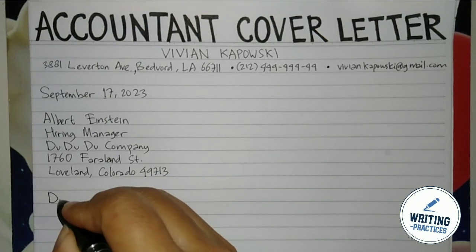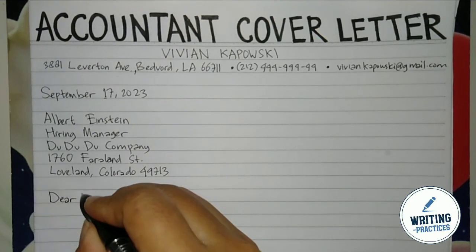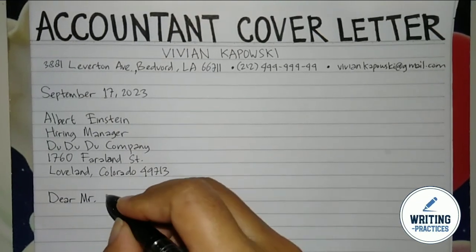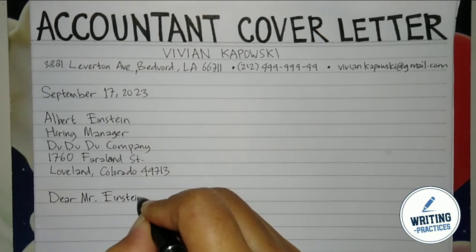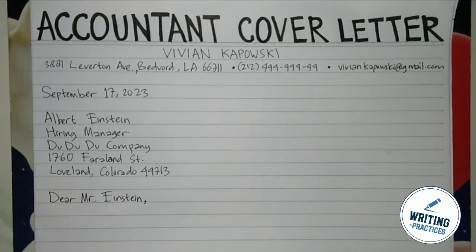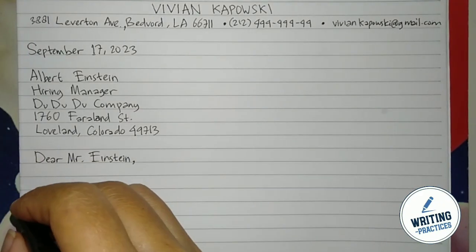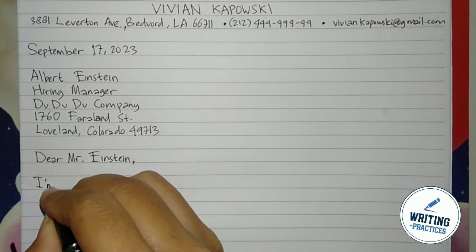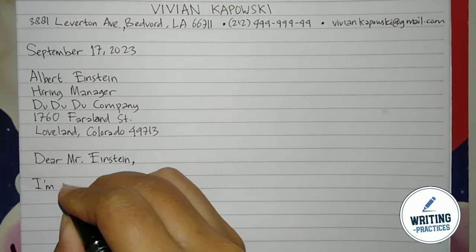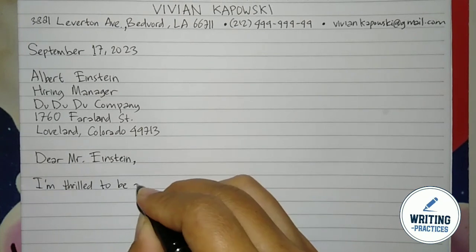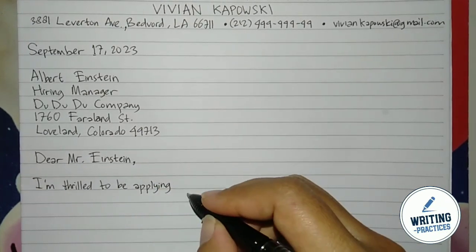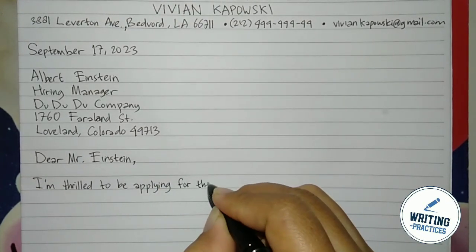Now you can open the letter with a salutation like Dear Mr. or Mrs. or Ms., followed by the last name of the recipient. In the first paragraph, write that you want to apply for a position of accountant in the recipient's company. When you state this, you should show your excitement and put it in two words.